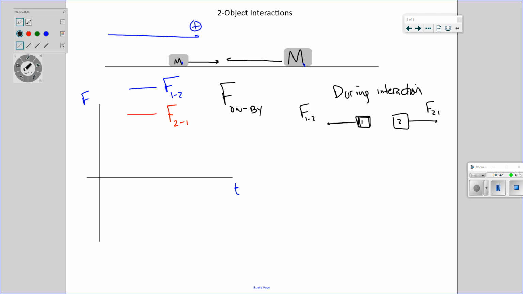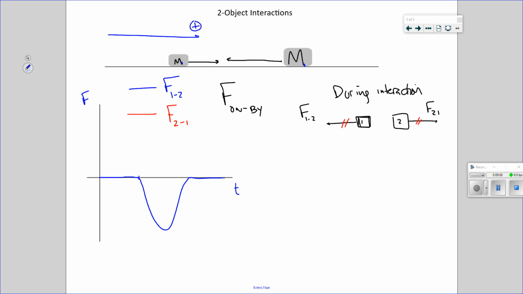Newton's third law says that these forces are equal and opposite. So this force on 1 by 2 is going to point in the negative direction. Here they are moving along, no interaction. They're not applying forces to each other. And let's say that this force that's exerted on 1 by 2 looks something like that.